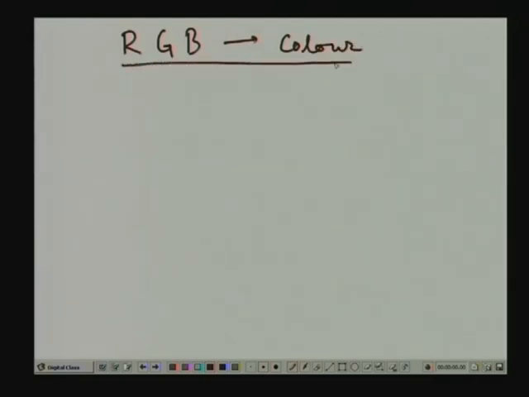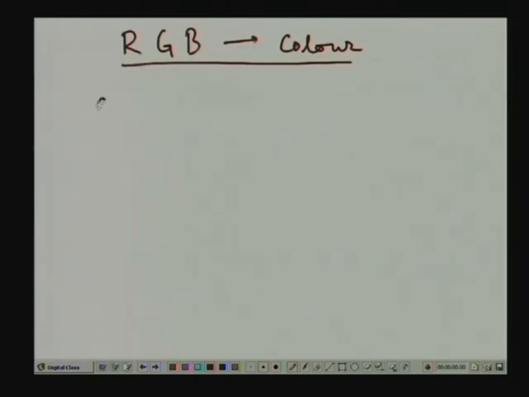Given the red, green and blue components of a particular color, we want to convert this into CMY space, and the conversion from RGB to CMY is very simple.